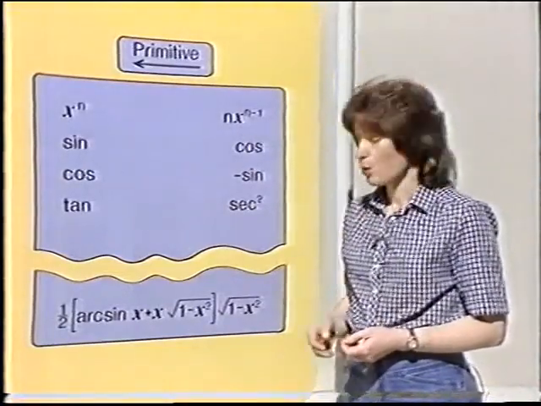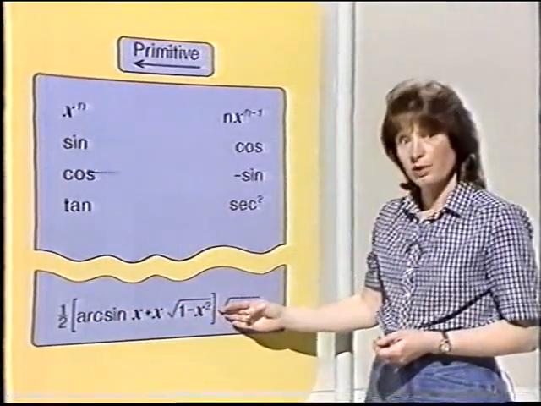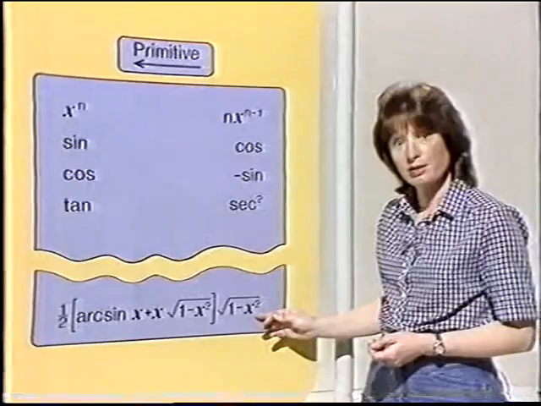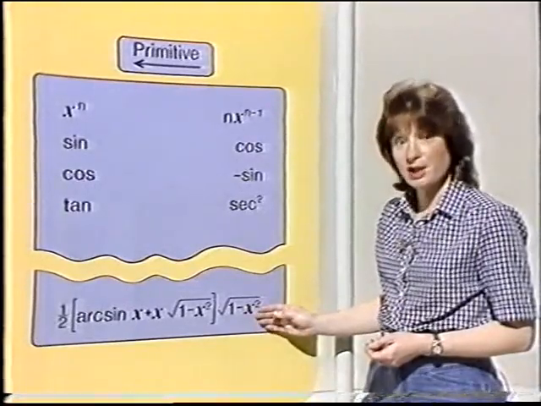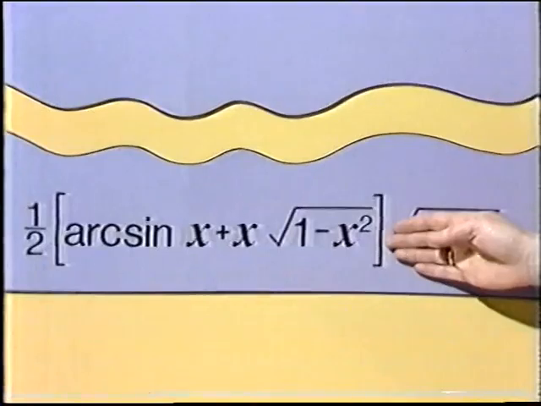Before the programme, we asked you to differentiate this rather nasty-looking function, which turned out to have derivative the square root of 1 minus x squared. So, reading the table from right to left, Mike needs to use this function as his primitive.